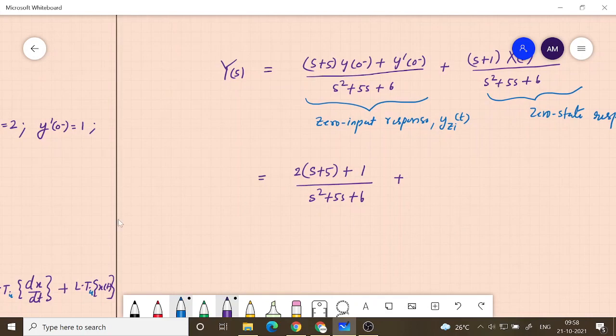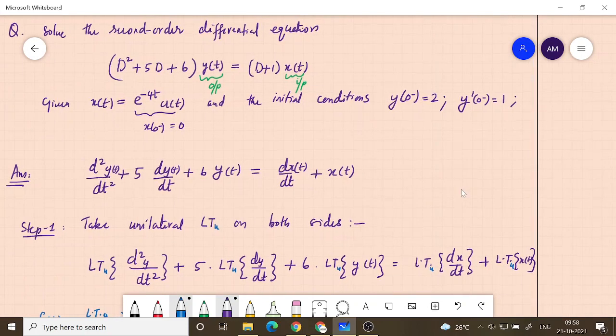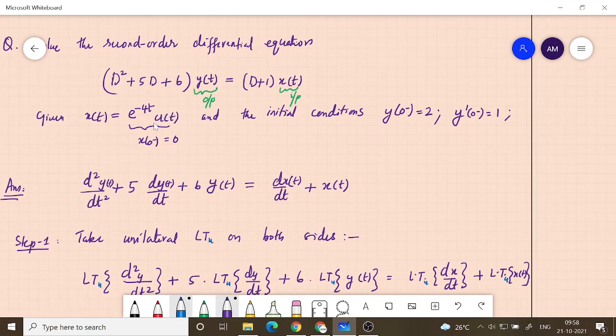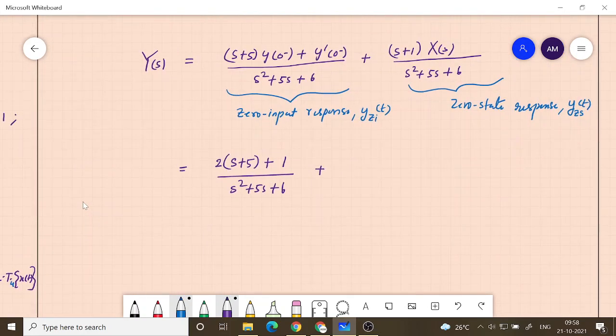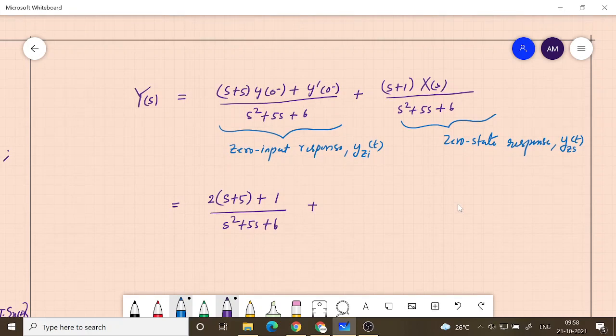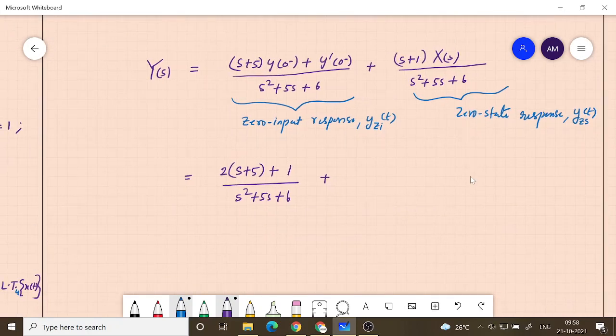X of s also. If you look at our x of t, it is given as e raised to minus 4t u of t. So x of t is e raised to minus 4t u of t, and therefore x of s is the Laplace transform of this.